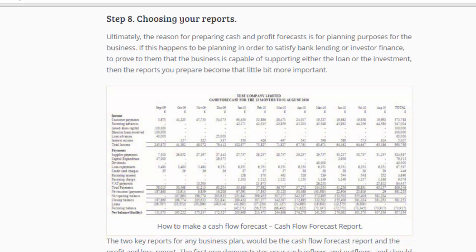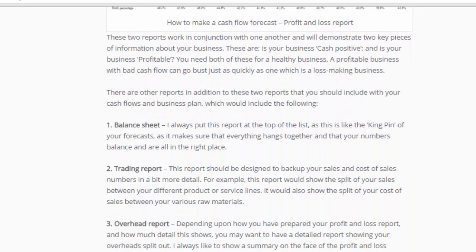The other key report is obviously your profit and loss account, which is a summary of your income less your cost of sales, and then your overheads, and plus any other income, which will give your profit or loss for the business. Following on from that, the other reports that I would always say to incorporate within your cash flow and profit forecast, probably number one I would choose is the balance sheet.